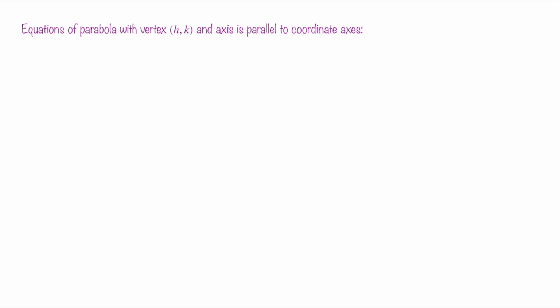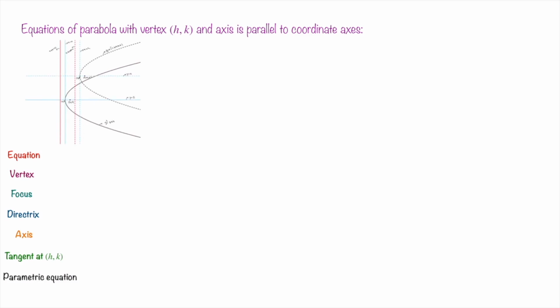Now we are going to look at equations of a parabola with vertex (h, k) and axis parallel to a coordinate axis. Here is a parabola whose equation is the transformed equation of y square equal to 4ax when the vertex (0, 0) is shifted to (h, k). Here the equation of this dotted parabola is (y minus k) whole square equal to 4a times (x minus h).